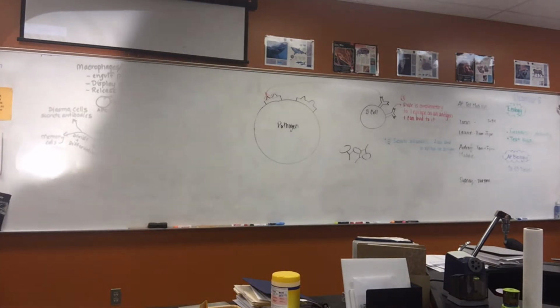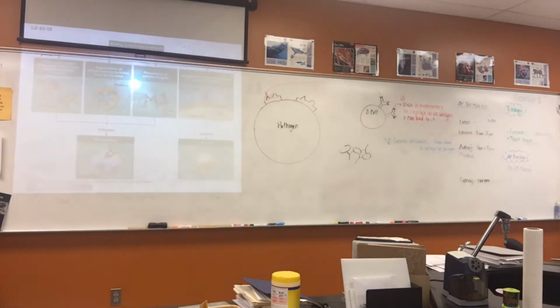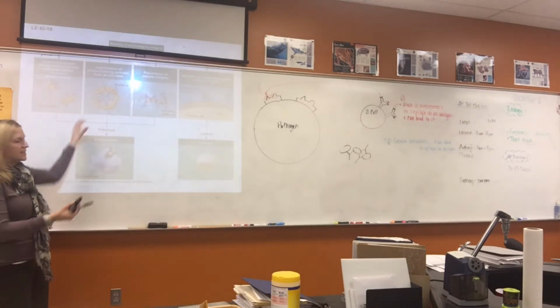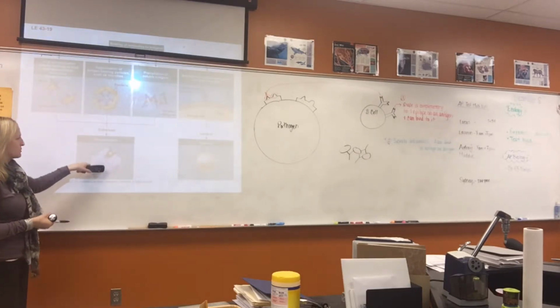Absolutely. So that is back to this picture that we just looked at. Remember, when the antibodies bind to the pathogen, it aids in phagocytosis. So the more antibodies that are secreted, the more phagocytosis occurs.